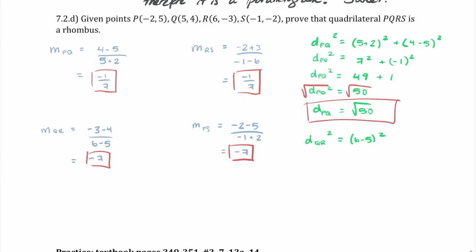So we have the change in x's squared and the change in y's squared. And we could carry this down. And 1 squared is 1, negative 7 squared is 49. So we get 50.